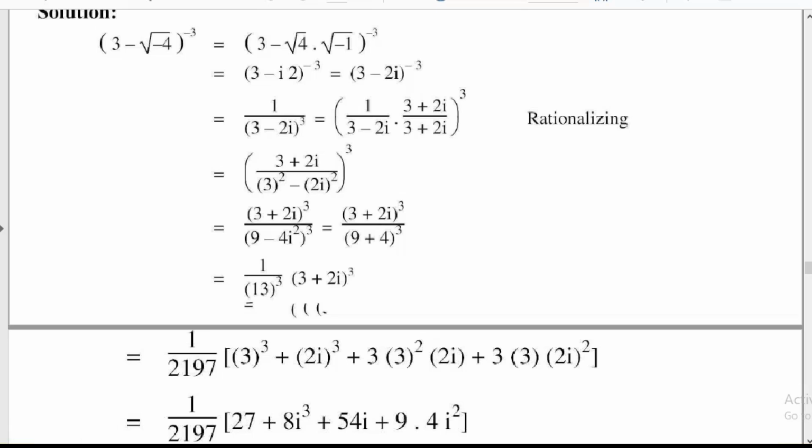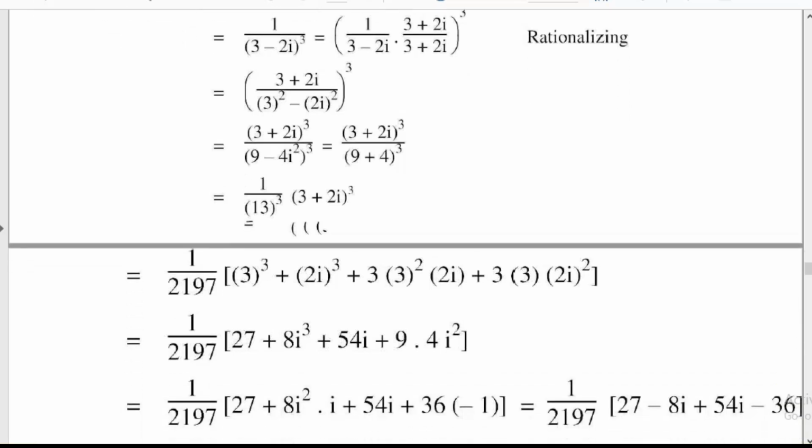2197. (3 + 2i)^3 is 3^3 + (2i)^3 + 3a^2 b, that is 3 · 3^2 · 2i, plus 3ab^2, that is 3 · 3 · (2i)^2. So 3^3 is equal to 27, plus 2^3 is equal to 8, i^3, equal to i^2 · i, plus 3 squared, 9, 9 3 times 27, 27 2 times 54i, plus 3 3 times 9, 2 squared equal to 4i^2, is equal to minus 1.